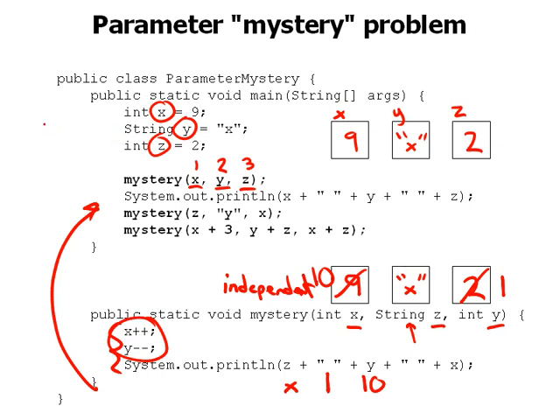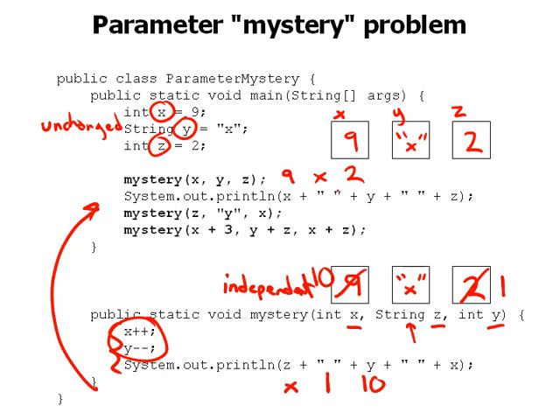These three local variables up here are unchanged. So the println after the call that prints x space y space z is going to print x, which has the unmodified value of 9, plus a space plus y, which is the string that has a value of x, and then another space, and z, which is the integer value 2.